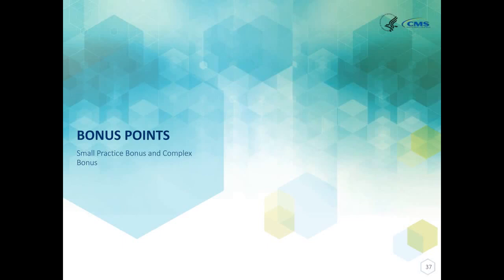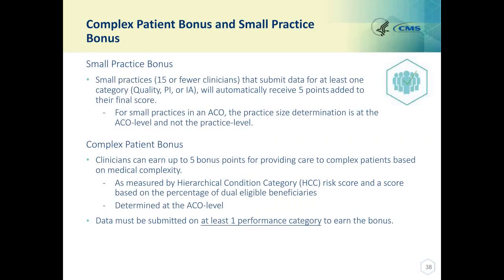Bonus points. Next slide. So we went over this a little bit, but in more detail, the small practice bonus is available for small practices of 15 or fewer clinicians that submit data for at least one performance category.